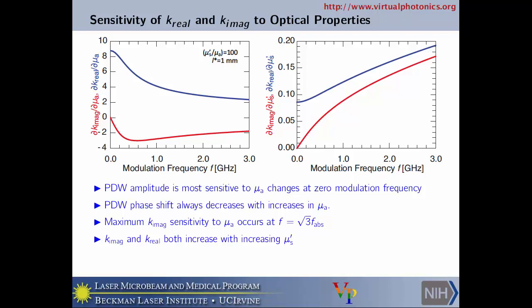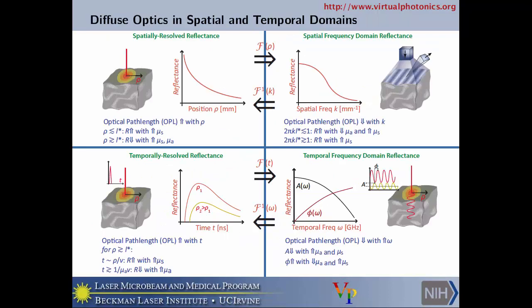But as you go to higher and higher modulation frequencies, you get more and more sensitivity to scattering. But you're also sensitive to absorption. But if you can get absorption through your amplitude, you're able to then separate absorption from scattering. And that's the key thing that you need to accomplish.